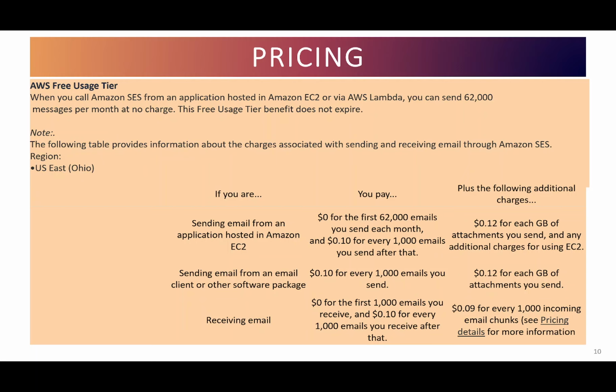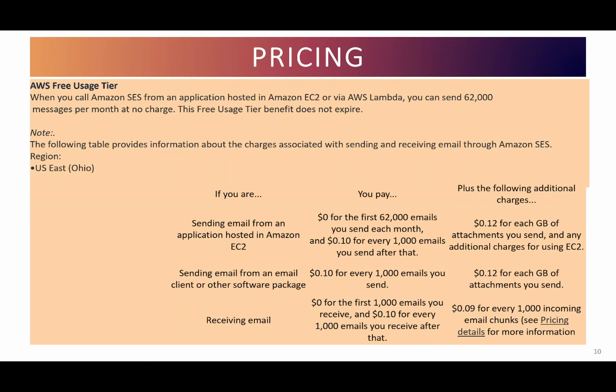You need to note the following table, which I'm going to be explaining, provides information about the charges associated with sending and receiving email through Amazon SES. The region in here, or the location, is US East, Ohio.